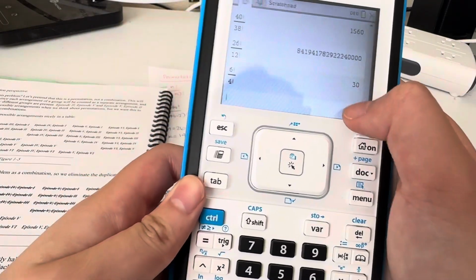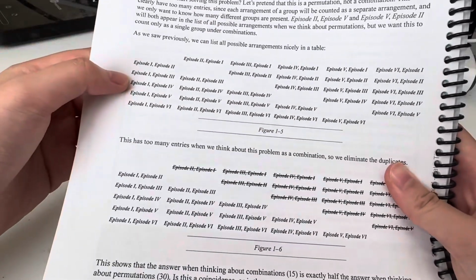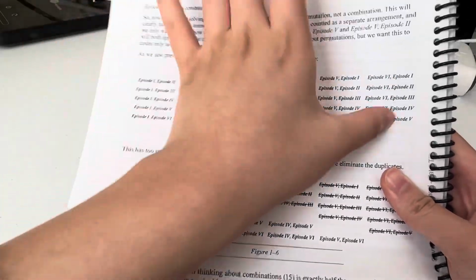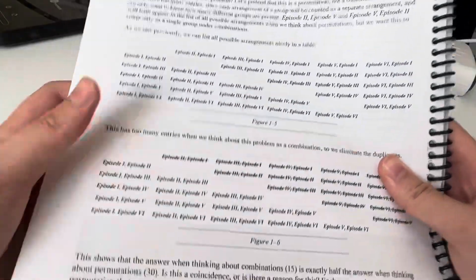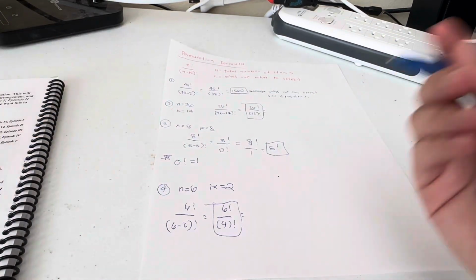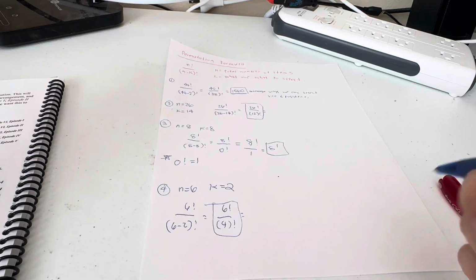Okay, so we have 30, and the permutation, as you can see, is 30 as well. 5 times 6 is 30. So yeah, we got it right. So this method works. Since I did it spontaneously, I'm pretty sure this is how you want to think about it on a test or quiz.